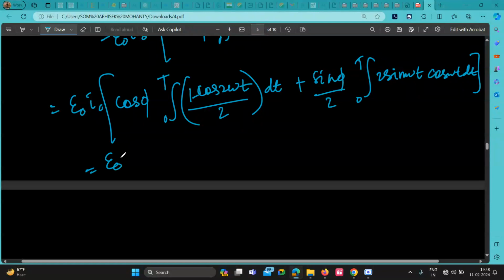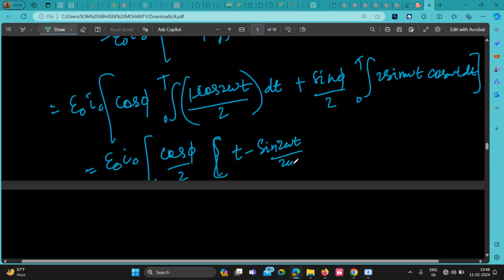E naught I naught cos phi, the 2 goes out. This will be, if I give this bracket, t minus sine 2 omega t by 2 omega, from 0 to T, plus sine phi by 2. This one is 0 to T integration of sine 2 omega t dt.